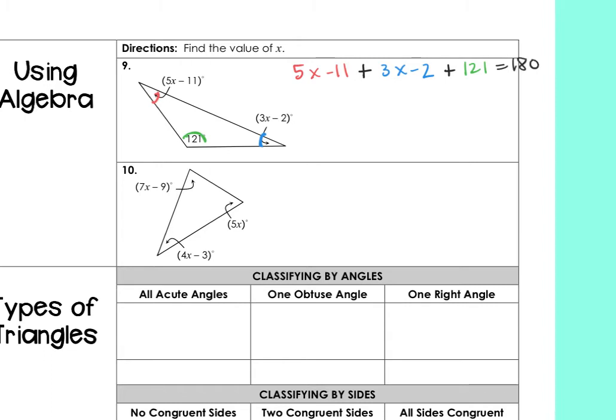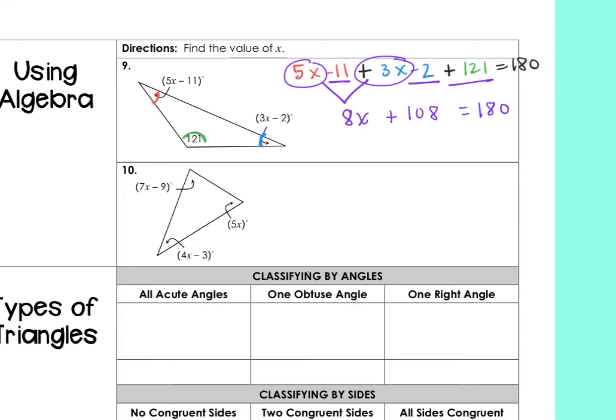So this is algebra because we have a long equation. We need to always start on the side with the variable, and the first step is to combine like terms. So 5x and 3x combine to give you 8x. Negative 11 and negative 2, that's going to equal negative 13, and then negative 13 and the positive 121 are going to give you positive 108.